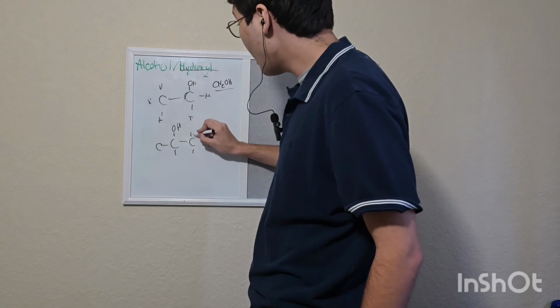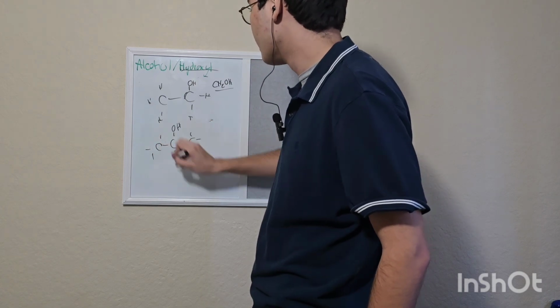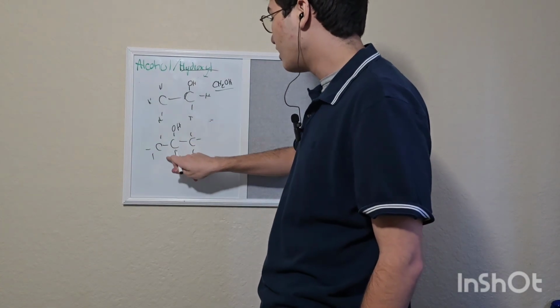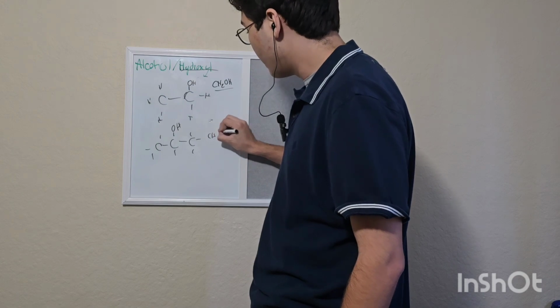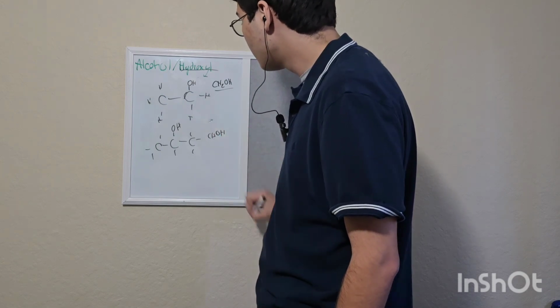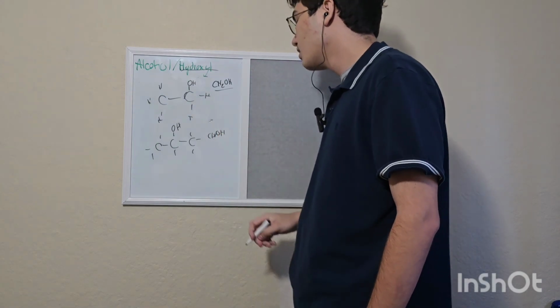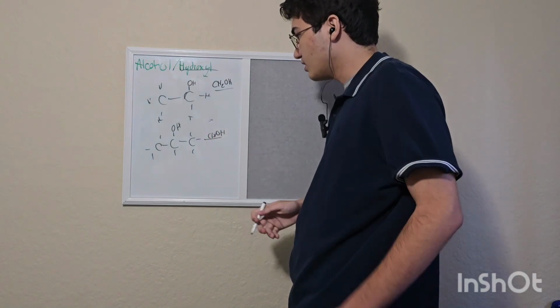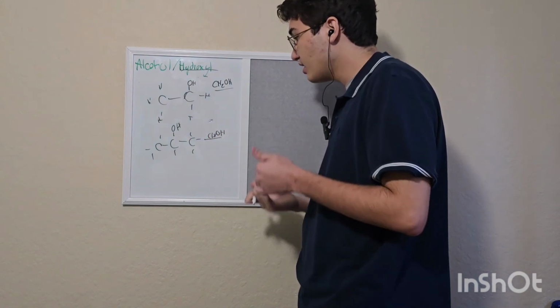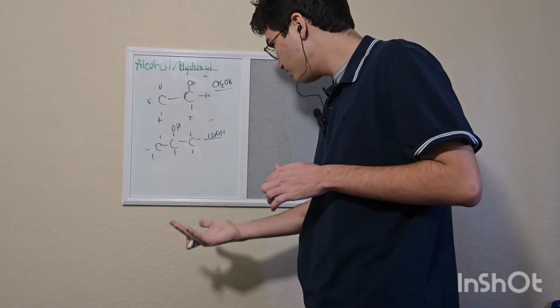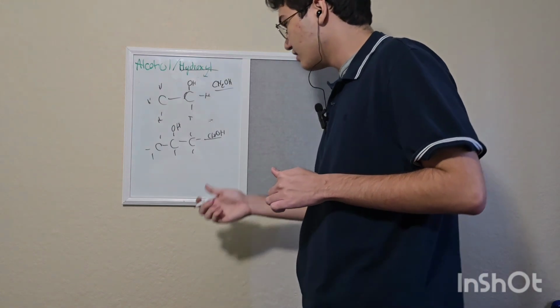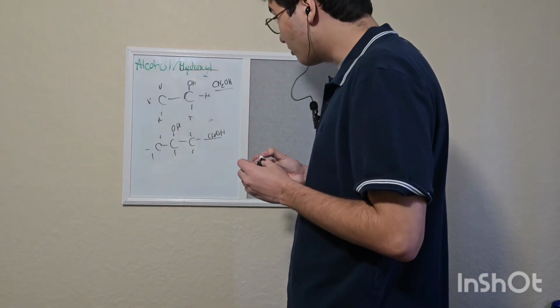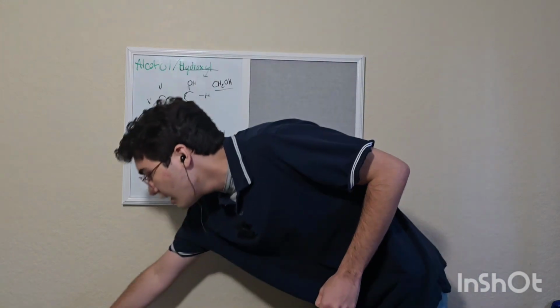All right, now this is a secondary alcohol because now it has one hydrogen, aka CHOH. Since it has one less hydrogen, it's a secondary now because it's much less reactive.